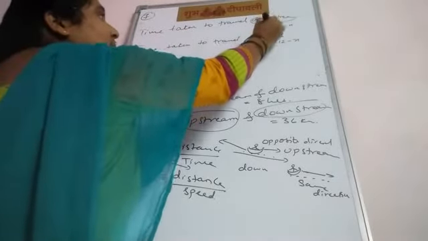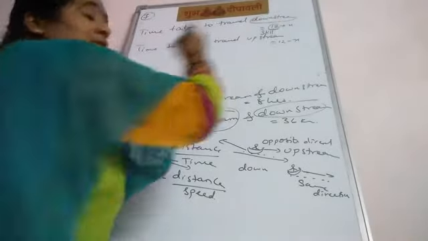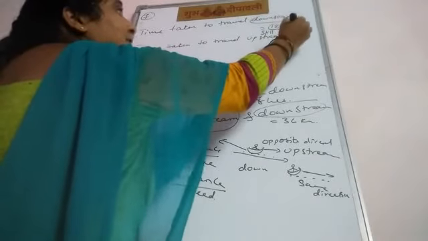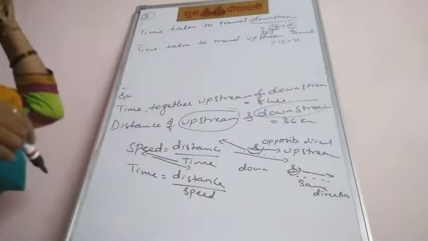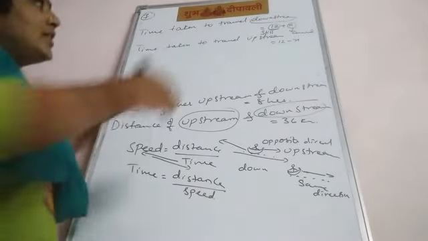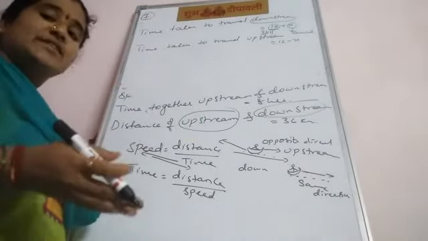Here, 12 means still, the speed of the boat in still water. This x is the current. Whenever we are finding downstream, it is addition, so you can write 12 plus x or x plus 12.